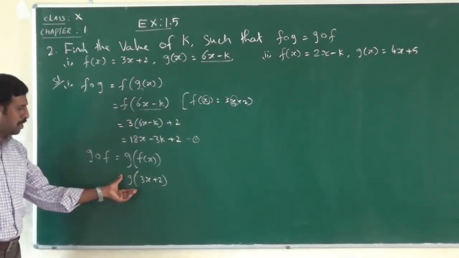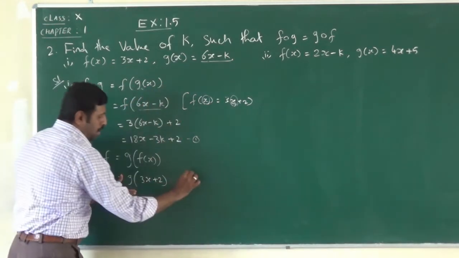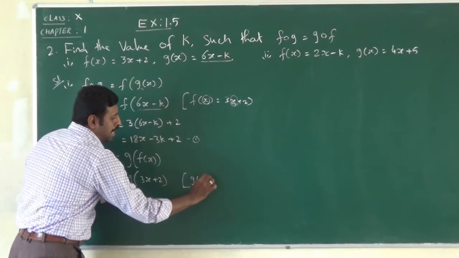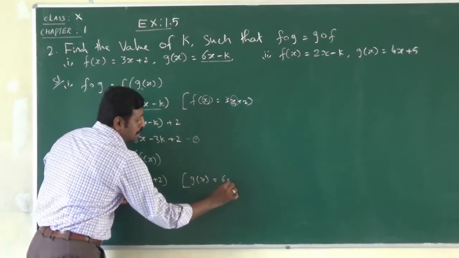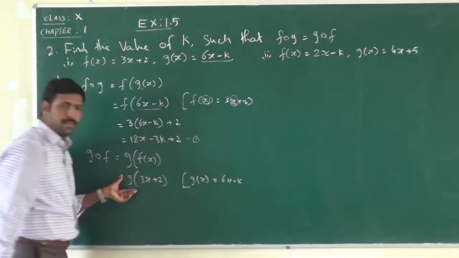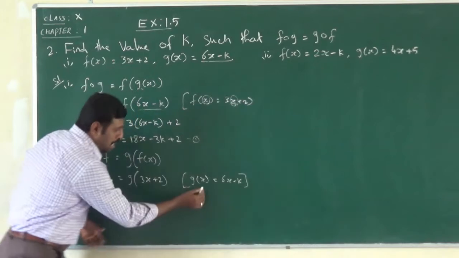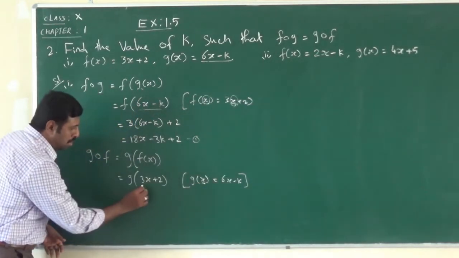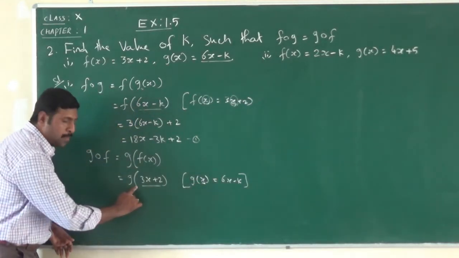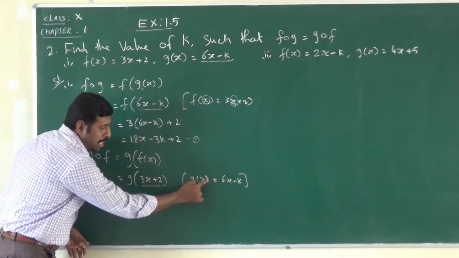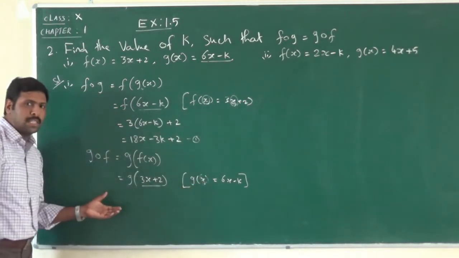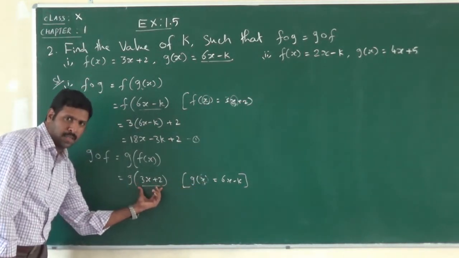Now compare this with g of x. g of x is given as 6x minus k. In the place of x, here we have 3x plus 2, so g of 3x plus 2.